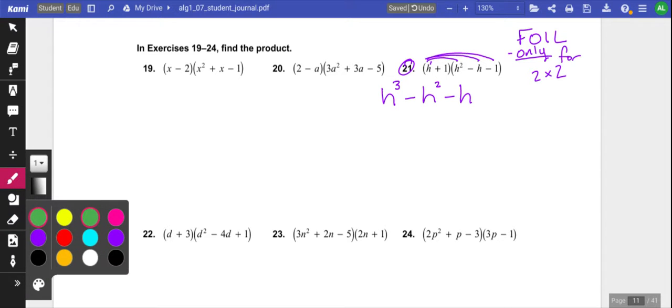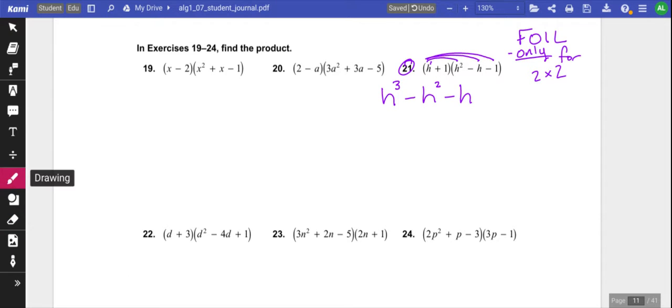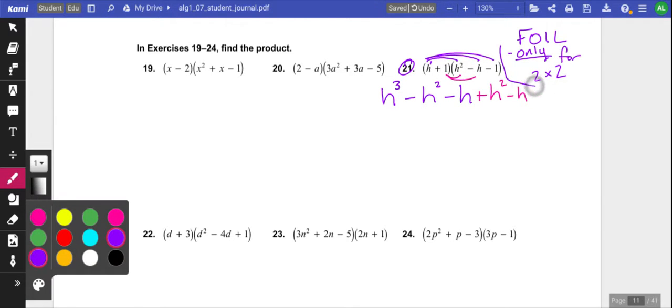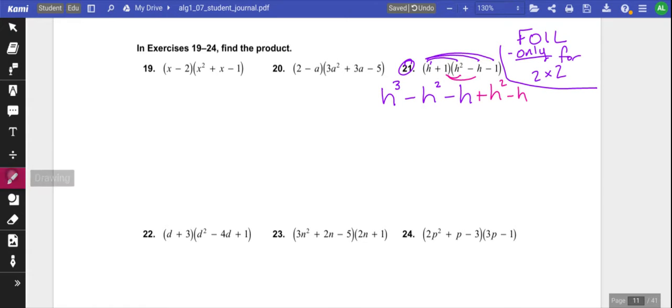This math is working out pretty easy, I just get to use 1. So 1 times that h squared is just going to be h squared. 1 times negative h is negative h. And then 1 times negative 1, I get negative 1.